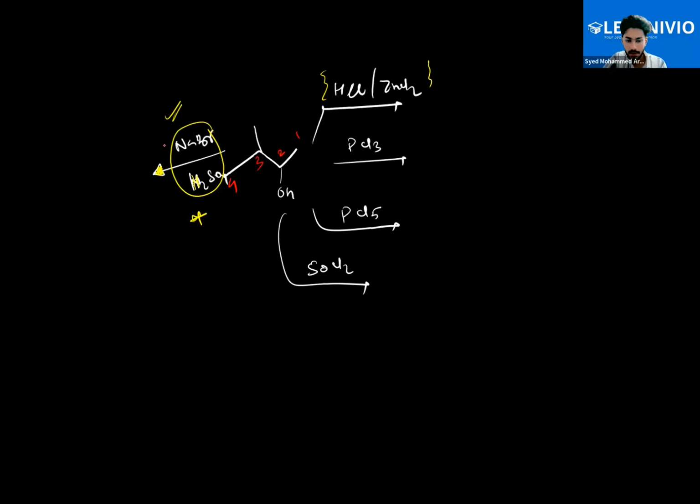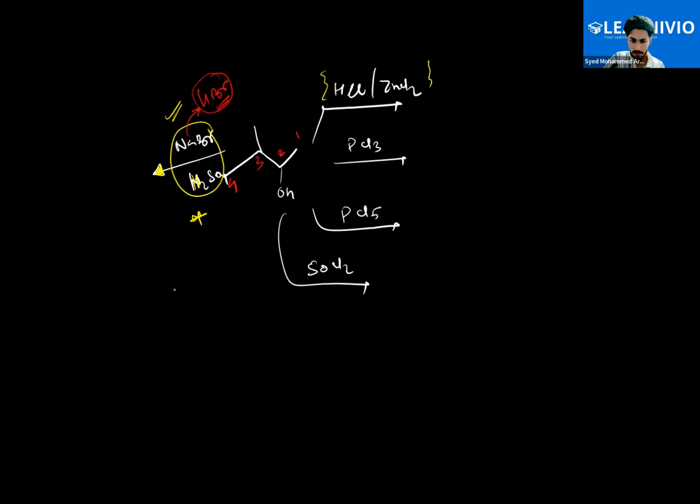Why HCl? Because Cl is not there. I'll explain. If you observe this, this is my salt and this is my acid.